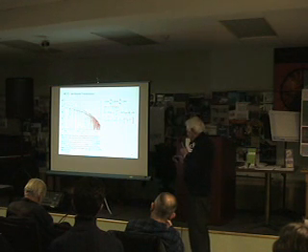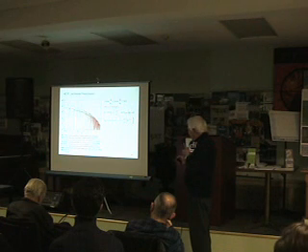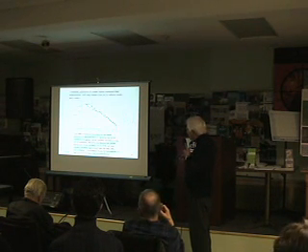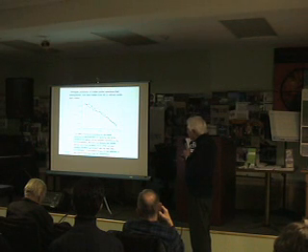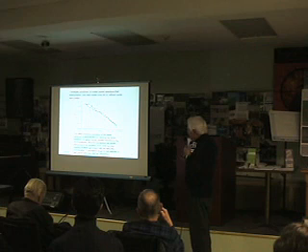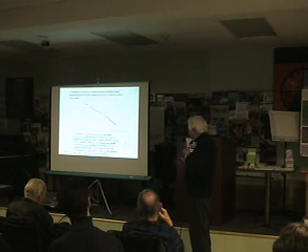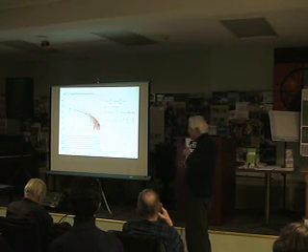So what happens is that you have to put in what's called a window function in the data analysis, and we get the red result, which fits the data just as well as the so-called lambda CDM, standard model cosmology. So you wait around and count more galaxies, and eventually you will see this. So that's it.